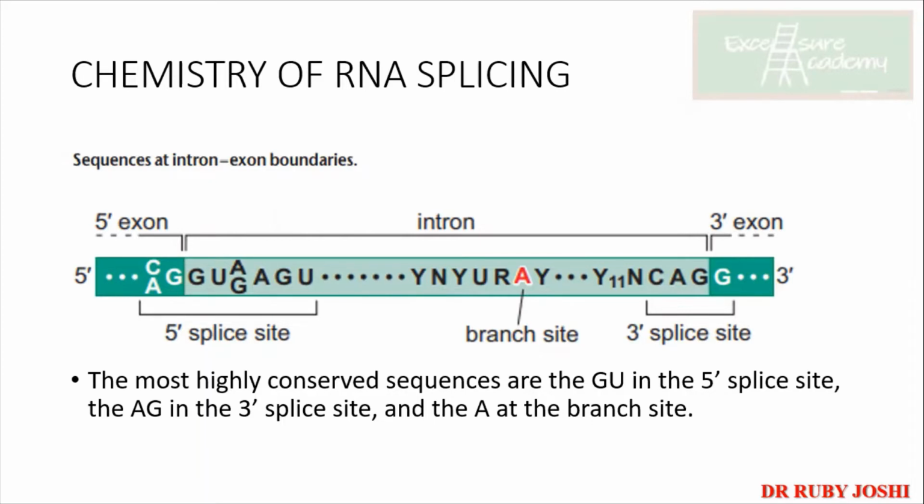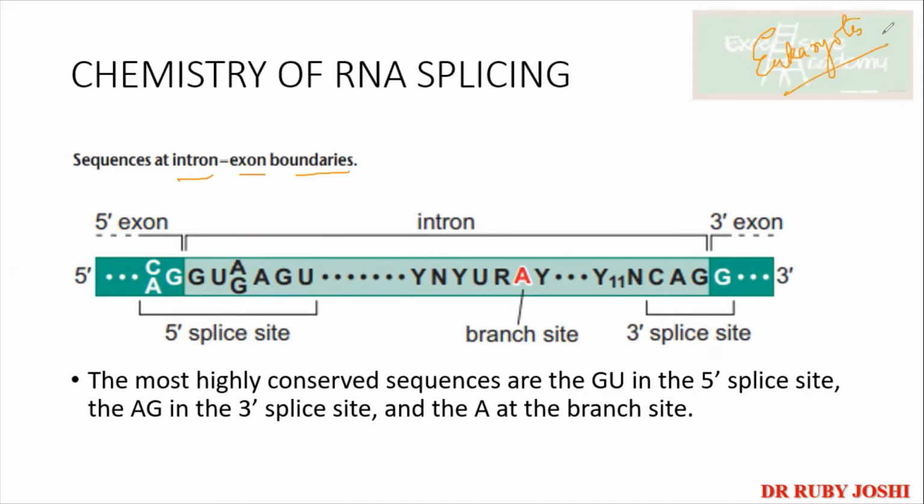As you can see over here, this is one example. In this figure, if you look carefully, it is based on the sequences present at the intron-exon boundaries, and it is universal. The most highly conserved, first of all, it happens only in eukaryotes, the RNA splicing.